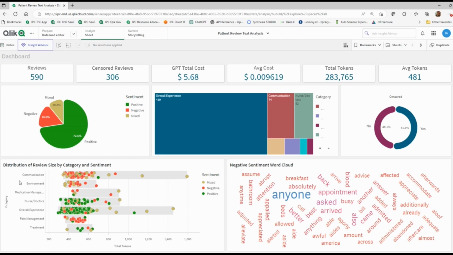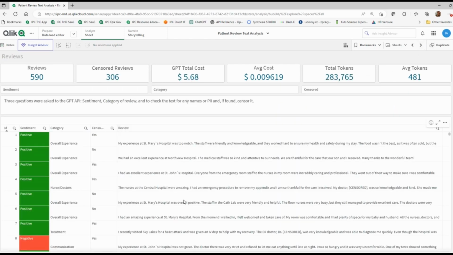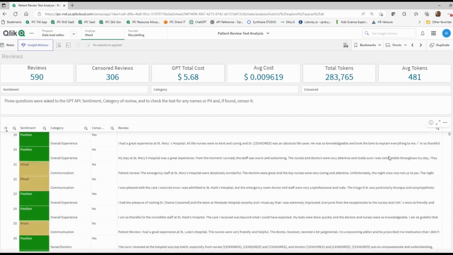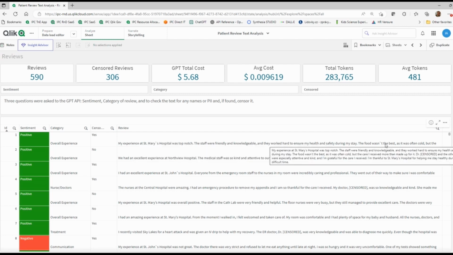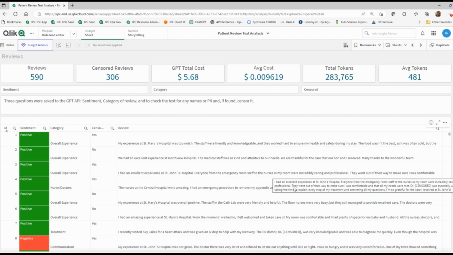So this is an interesting chart, but that's not why we're here. We're here to actually see these negative, positive, and mixed reviews. So going to the next sheet, this is basically a table with all of the reviews. We have the text that the patient wrote, but with the censor logic in place.